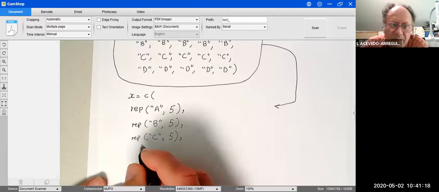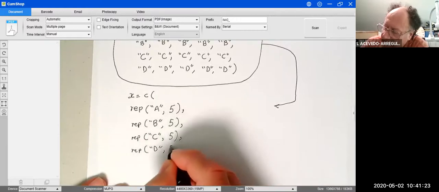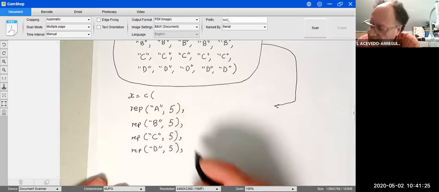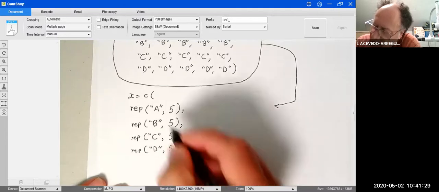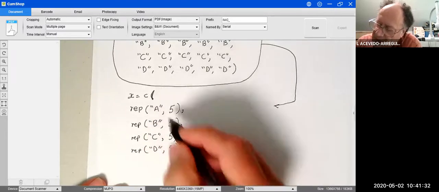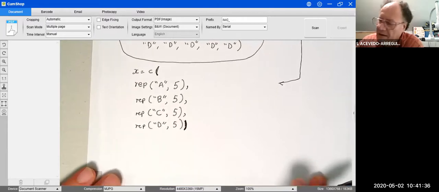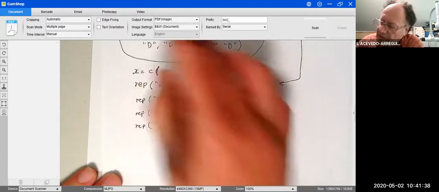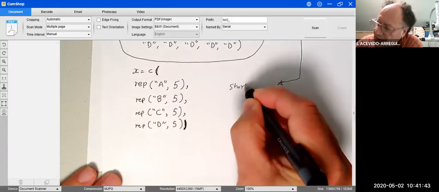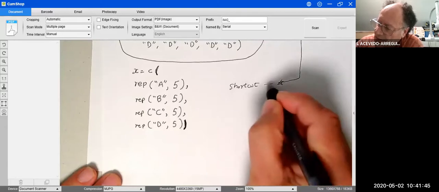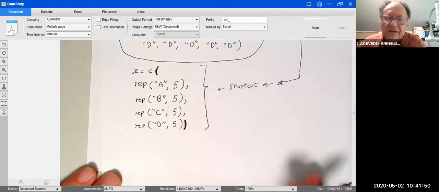And finally, I'm going to repeat category D 5 times. And this is the last one, so instead of a comma, I need another parenthesis that matches this one. So that's what we're going to do instead of doing this. This is a shortcut to do our work, to enter those categories.